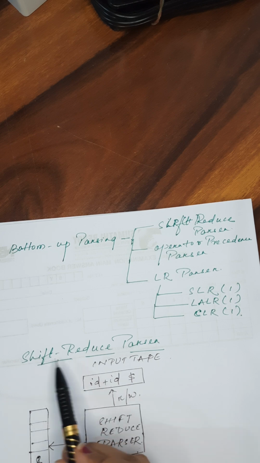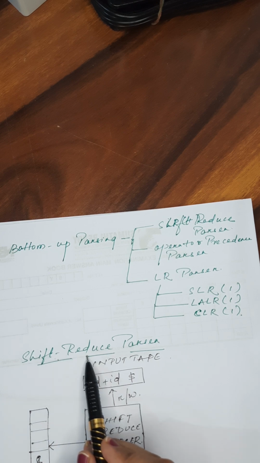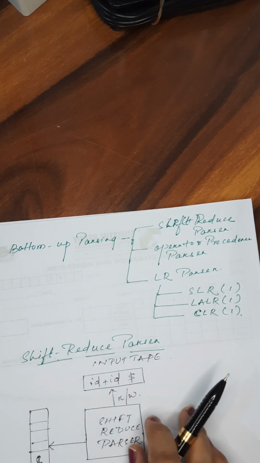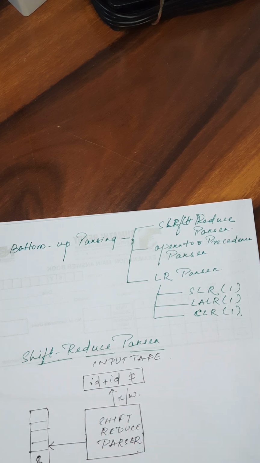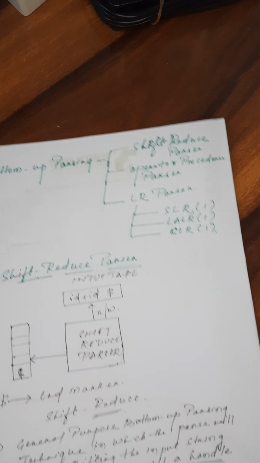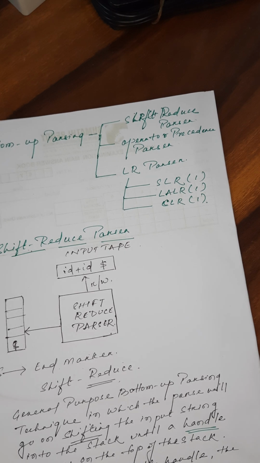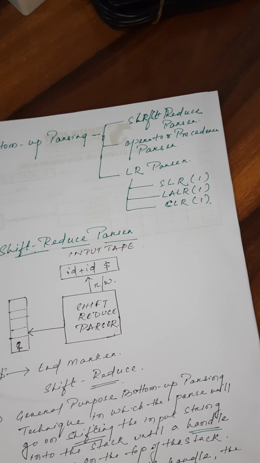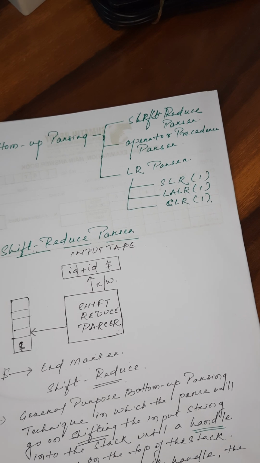One is the shifting, and when you find a handle on the top of the stack, you will reduce it by the non-terminal on the left hand side of the production. So it will reduce the handle which appears in the rightmost part of the stack. Then it will check the input string, and if it is accepted, then it is a successful parse.